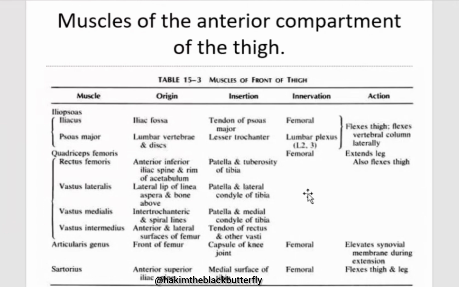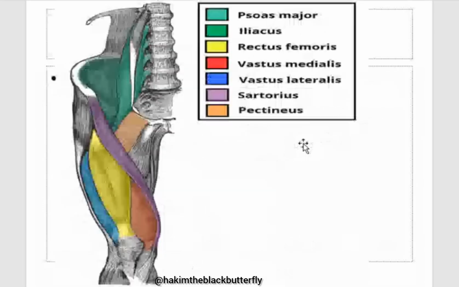You can see all these muscles are supplied by the femoral nerve, except the psoas major, which is supplied by direct branches from the spinal nerves of the lumbar plexus. So this is what I mean. This iliopsoas is a muscle of the anterior compartment of the thigh. This is sartorius, from the anterior superior iliac spine to the medial aspect of the tibia.